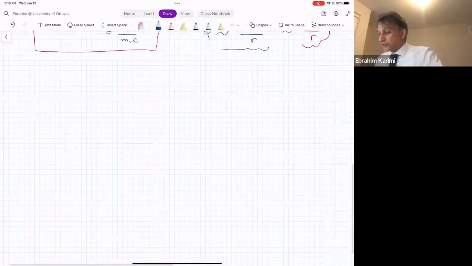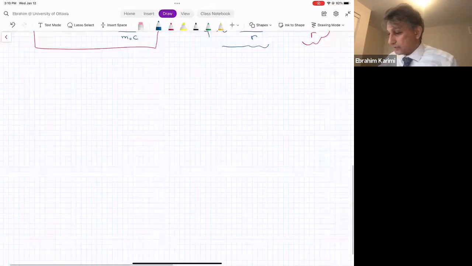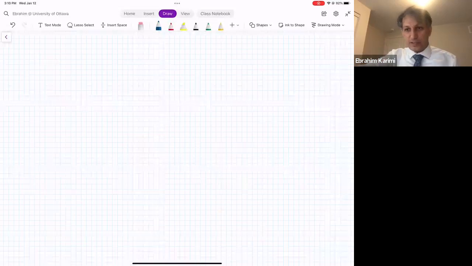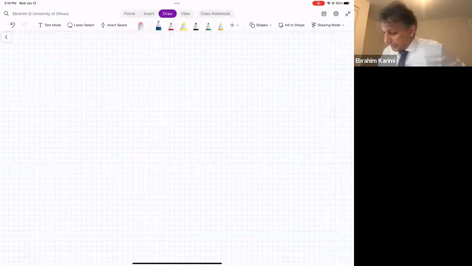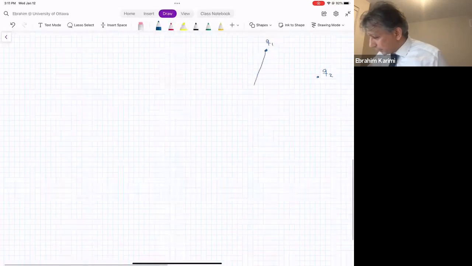Now let's go back to the question that we had and look at electrostatics. I hope that from the fundamental perspective you understand a little bit what's going on here. Now let's look at the force. So that's particle 1 and particle 2 with charges Q1 and Q2, located at x1 and x2.